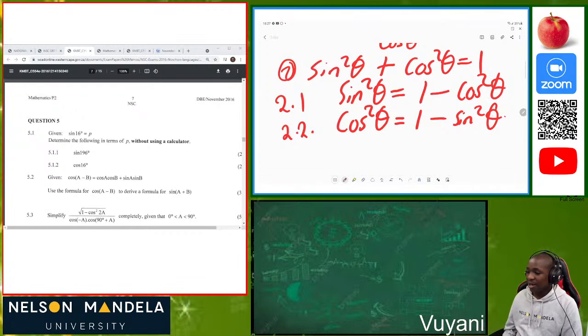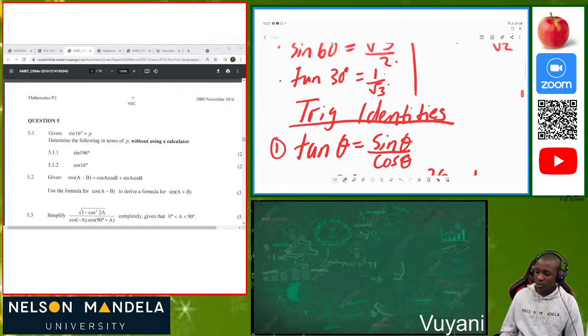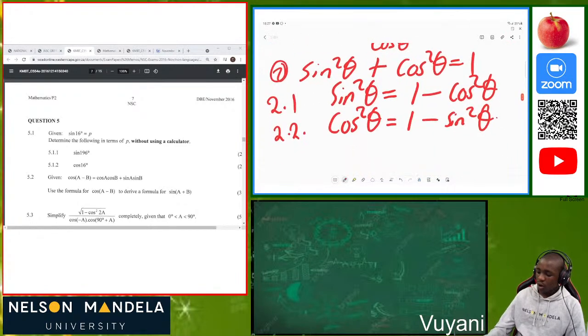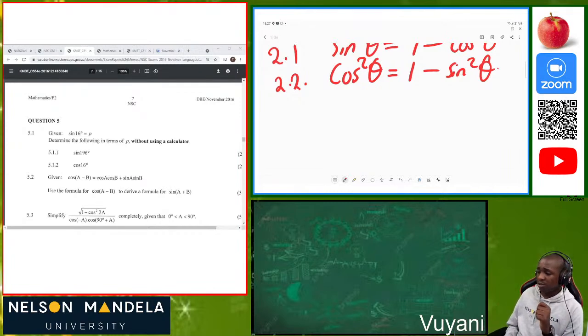This is amazing. So these trigonometric identities, they are so essential, they are so important. You have to know how to use them. When they say prove that the right hand side is equal to the left hand side, know that when you see tan theta, don't take much time. Just change it to sine theta over cos theta and use your algebraic skill so that you can be able to solve the questions.